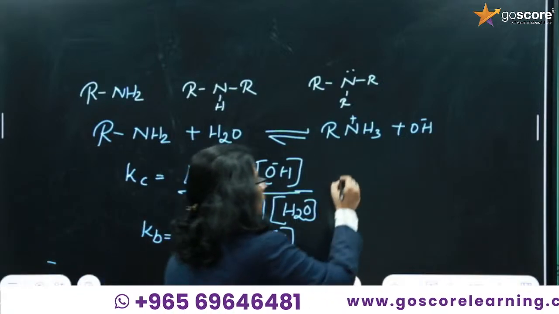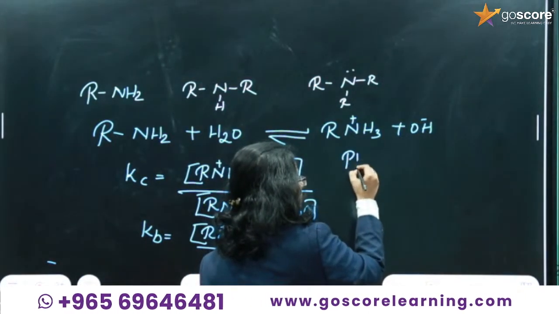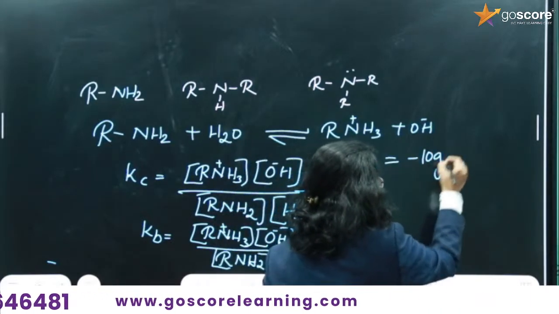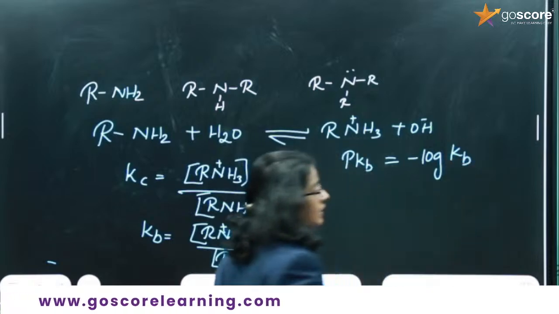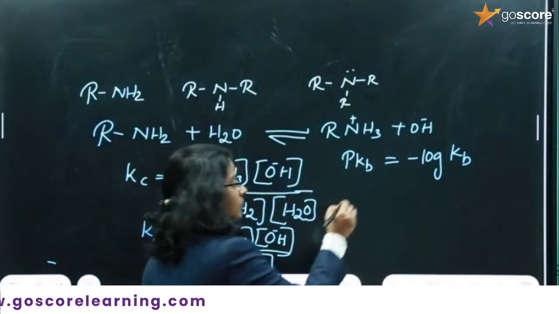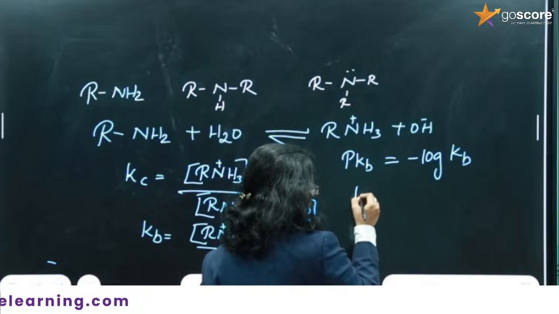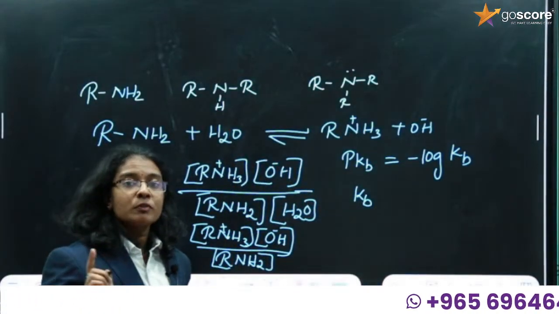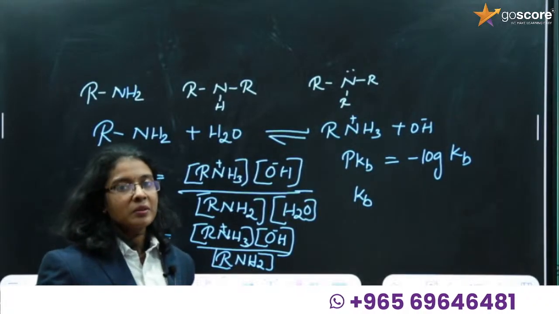So what is pKb? pKb is equal to the negative log of Kb. From this, you can understand that the larger the value of Kb or the smaller the value of pKb, the stronger is the base.